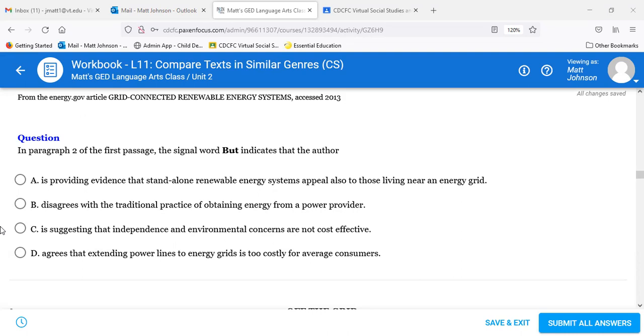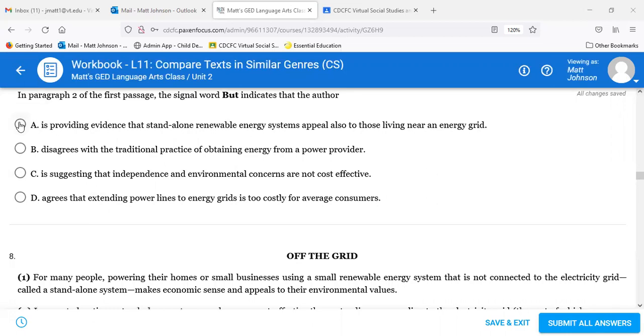B, disagrees with the traditional practice of obtaining energy from a power provider. C, is suggesting that independence and environmental concerns are not cost effective. And D, agrees that extending power lines to energy grids is too costly for average consumers. A. Yep. 7 is A, right?